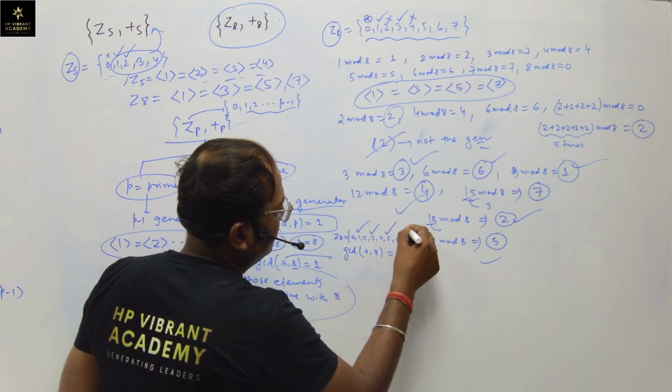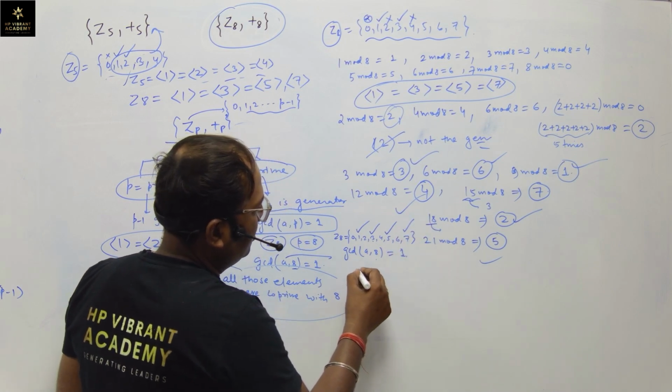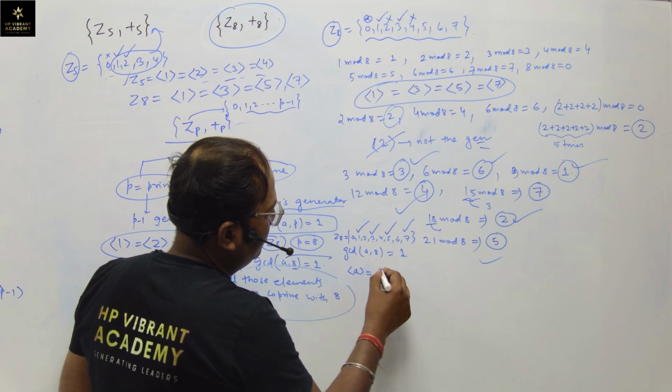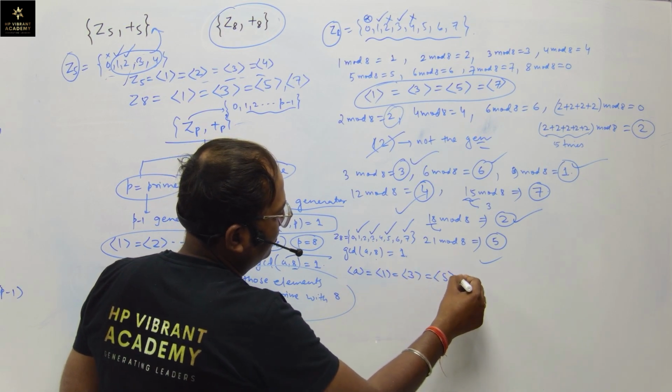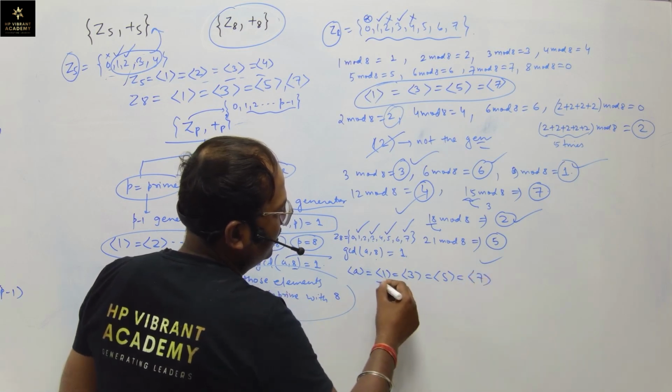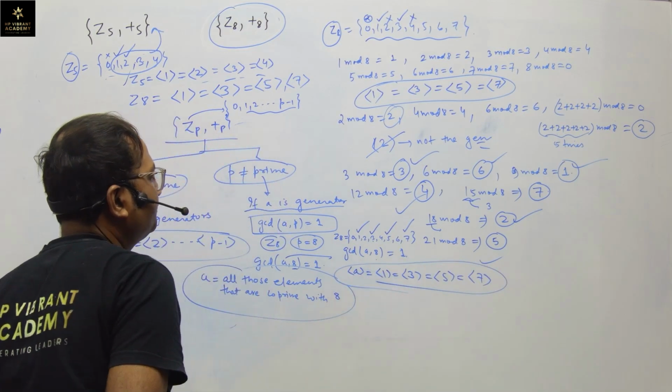Then 7. So 1, 3, 5, 7 are the generators.